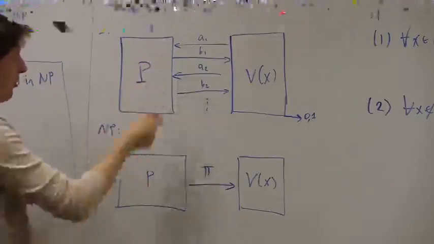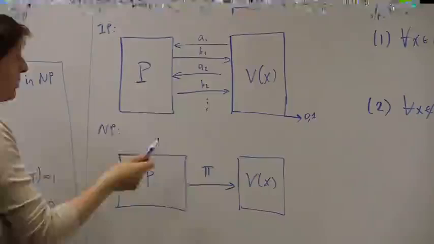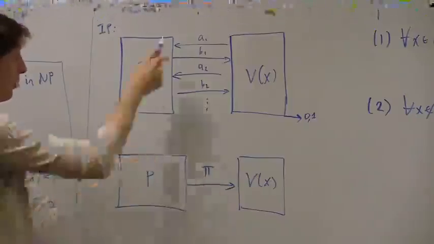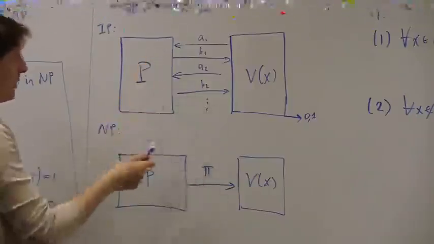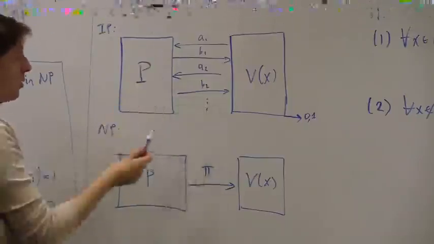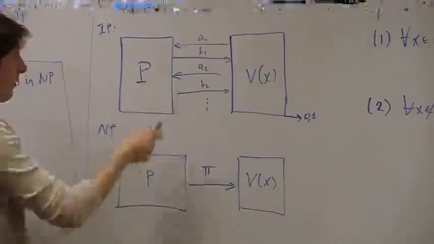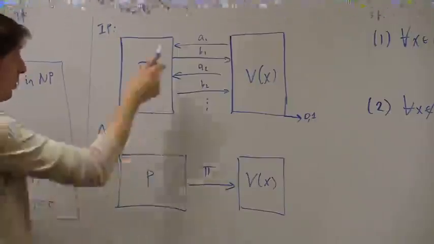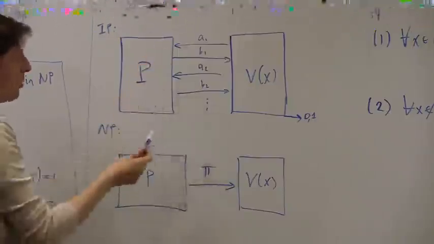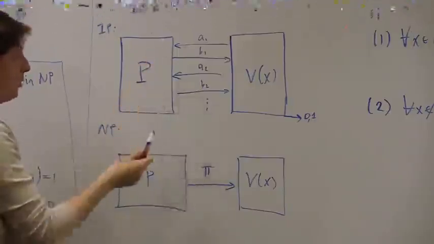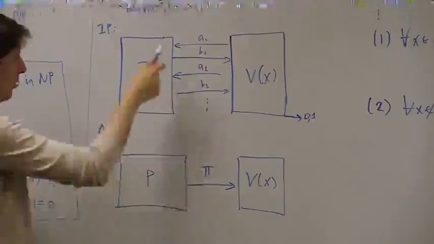All right. So IP is a class. NP is a class. IP is a class that is more general than NP. So it's easy to see that NP is contained in IP, right?